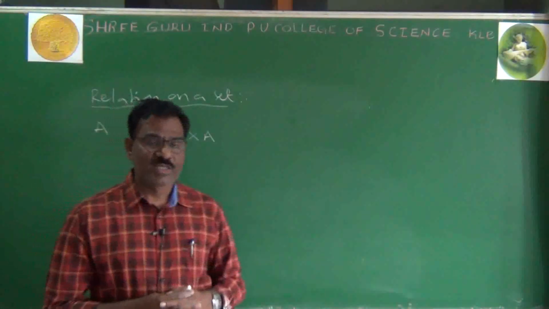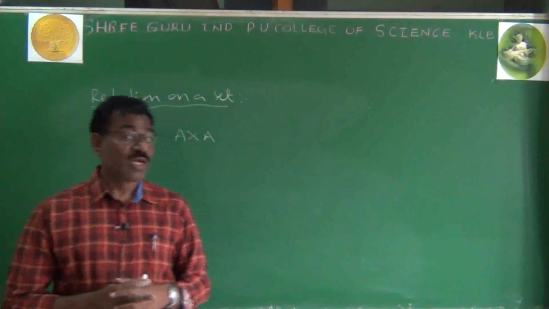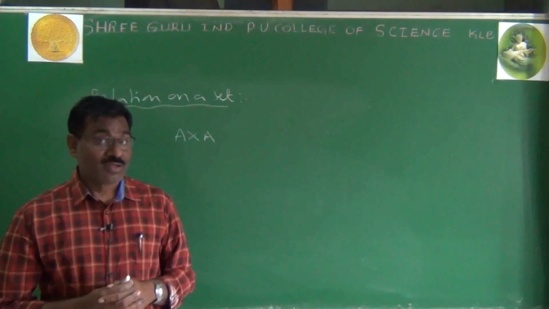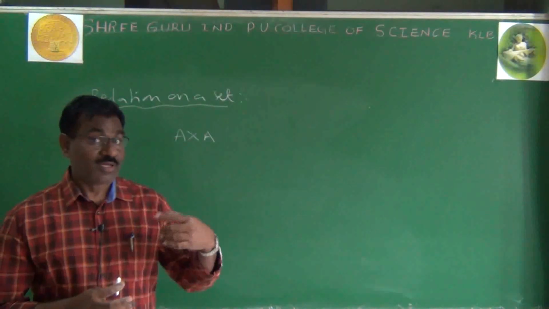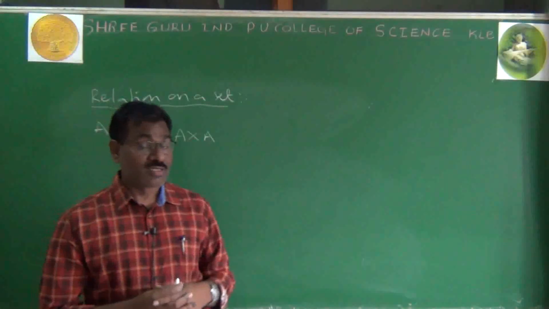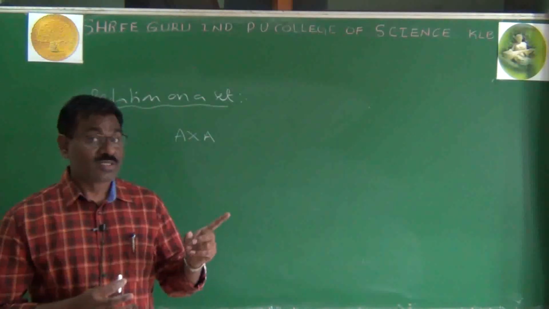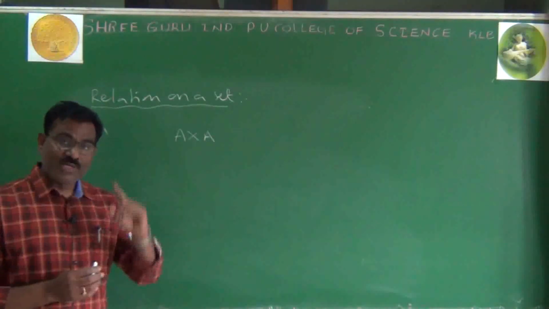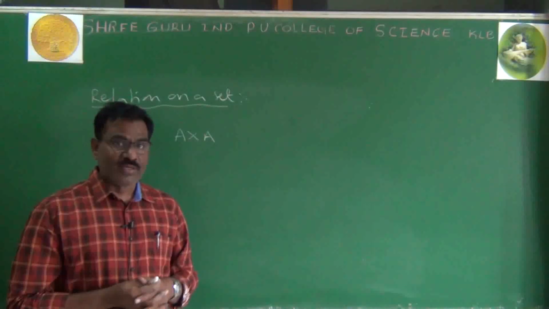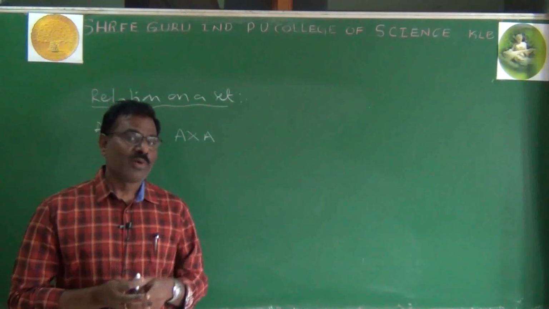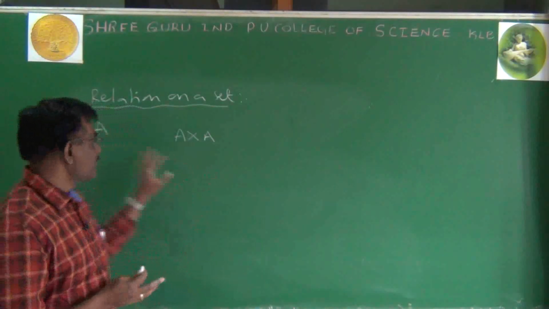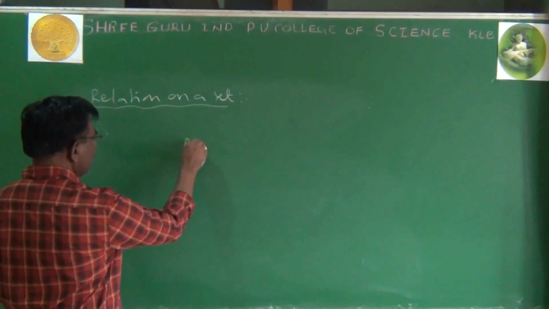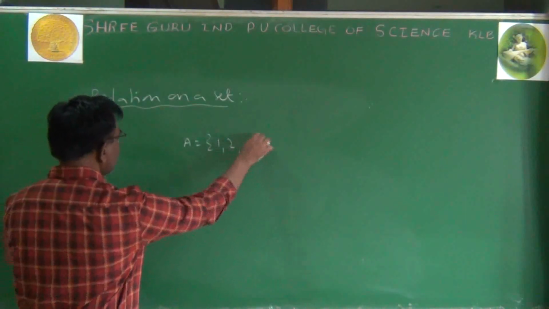In the previous definition I explained from A to B. In the ordered pair of that relation, the first element is from set A and the second element is from B. The first is called the domain, the second is called the range. But here, when only one set is given, both domain and range belong to that set. For example, set A equals {1, 2, 3}.